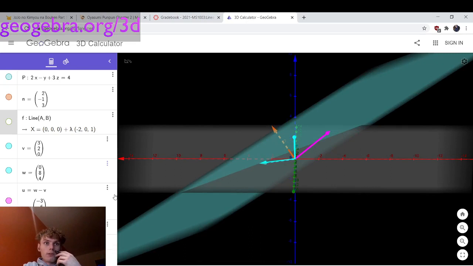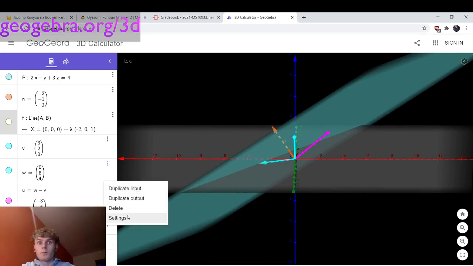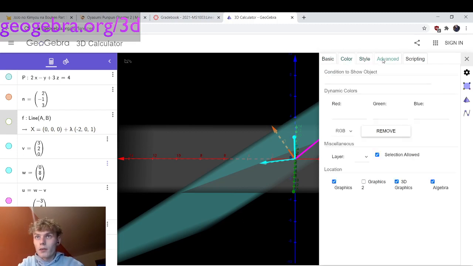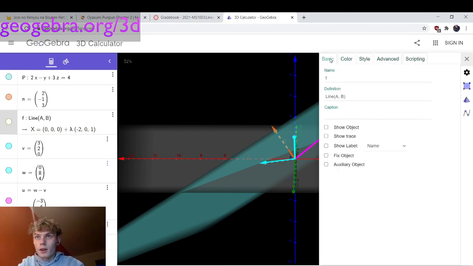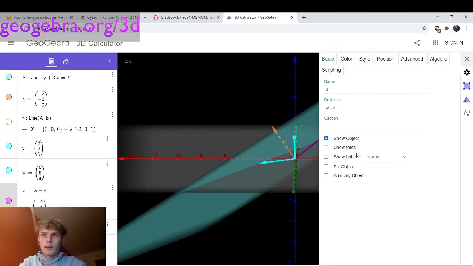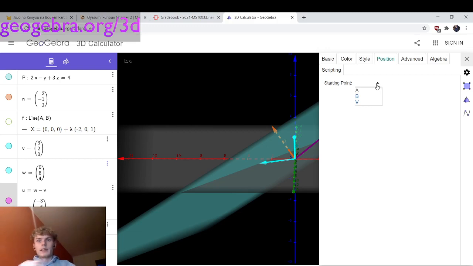But this vector isn't actually parallel to the plane like that. And so if I take my u, sorry, what am I doing? Because I'm editing f. I want to edit u. Okay, here we go. So what I'm going to do is take the starting position of the vector u, which by default is the origin, 0, 0, 0.